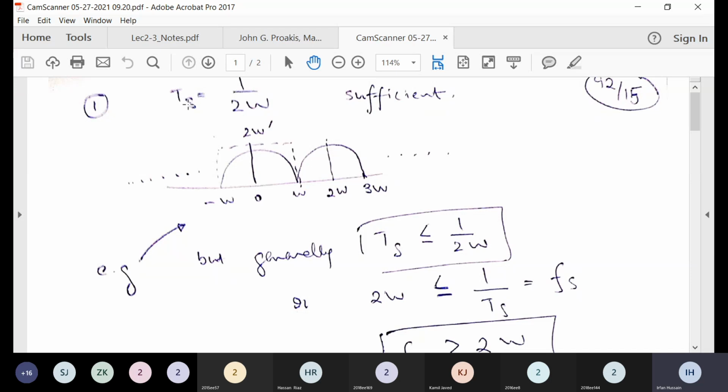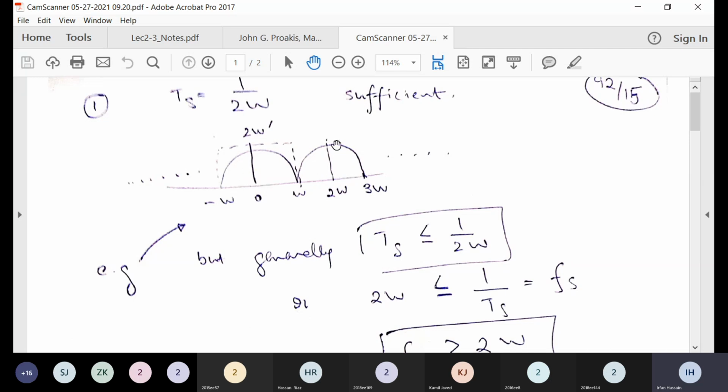If Ts is equal to 1 over 2W, then the sampling frequency, which is 1 over Ts, becomes equal to 2W. So you are putting another replica at 2W, another will come at 4W, and so on. Similarly, another will come at minus 2W, minus 4W, and so on.